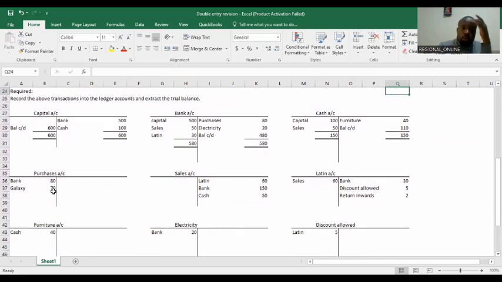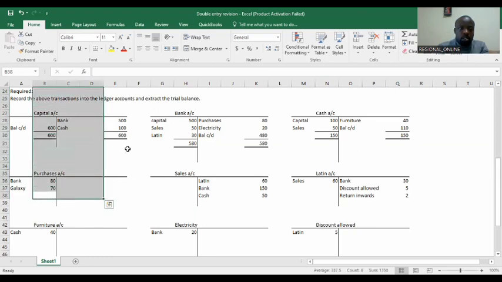Coming to my purchases, there will never be a value on the credit side when you're doing the double entry. So if you see that you recorded a certain figure on the credit side, automatically you have made a mistake. The figures on the purchases will always be on the debit.